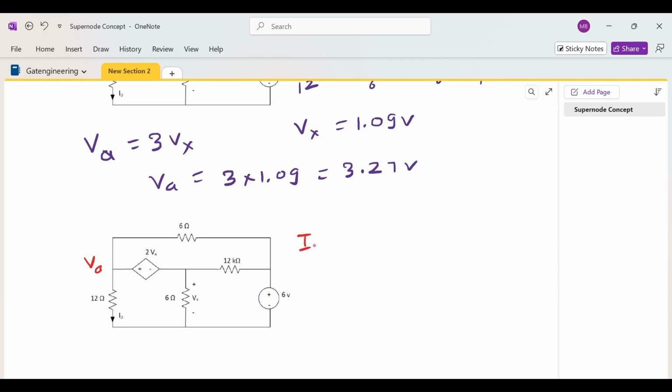The current I naught that we have to find through the 12 ohm resistor is Va divided by 12, and Va is 3.27 volt, divided by 12. So I naught is equal to 0.2725 ampere.